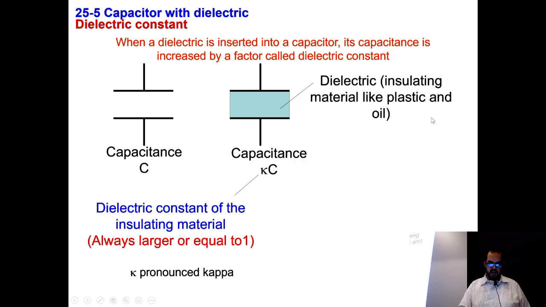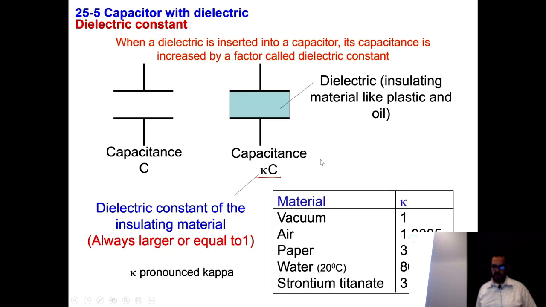Now, the capacitance in that case will increase, and it is going to be given by kappa times C. Kappa is what we call the dielectric constant of the material. Different materials have different dielectric constants. So if you replace the air with a dielectric material with dielectric constant kappa, the capacitance becomes equal to kappa times C. For air and vacuum, kappa is almost 1, but for other dielectric materials, it's always larger than 1, as we will see.